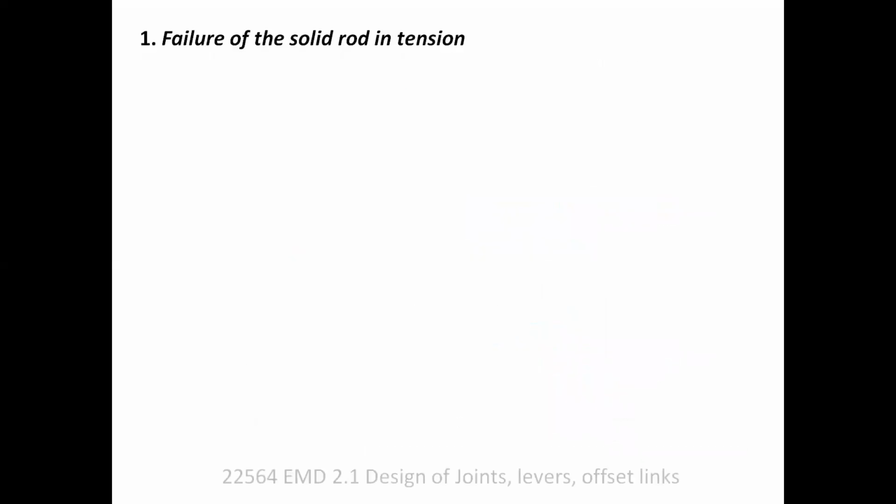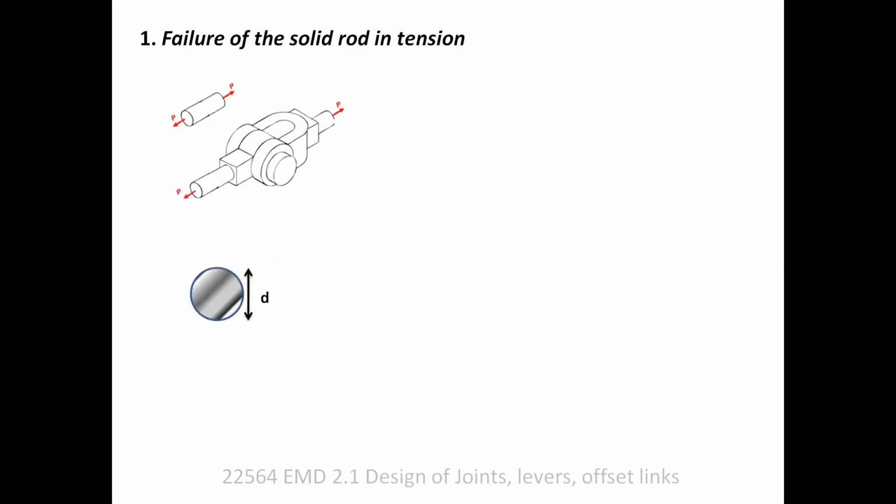Now start with the solid rod which is directly in contact with that force. So look at the figure and how it is going to fail. The solid rod can fail like this. When it fails because of tension, the area will be the circular one, having diameter d.